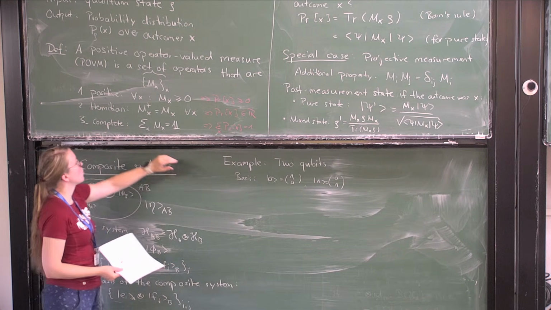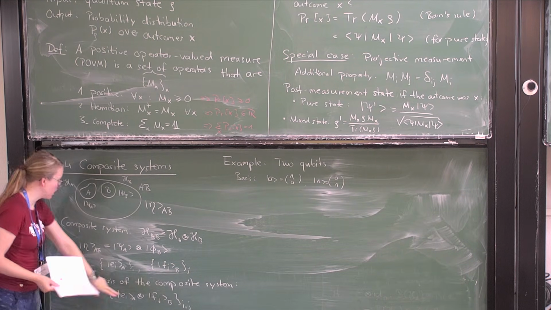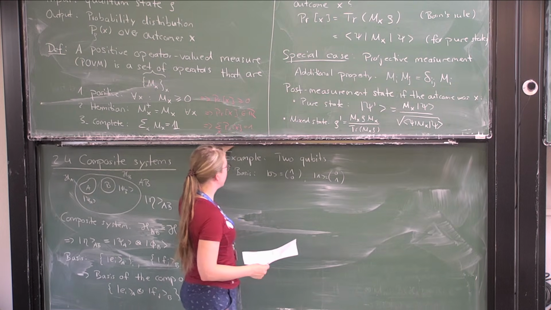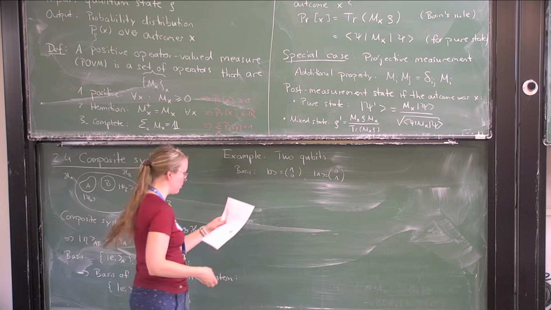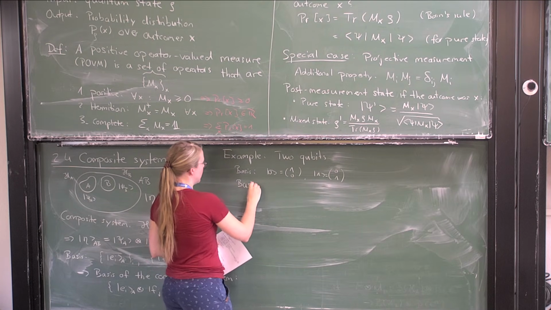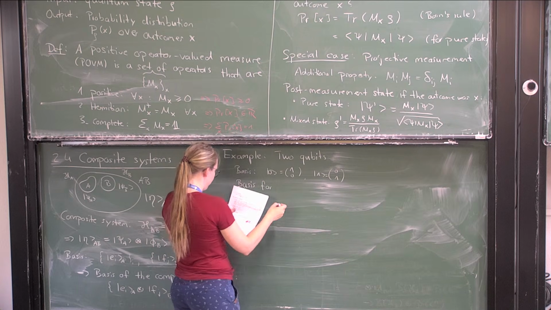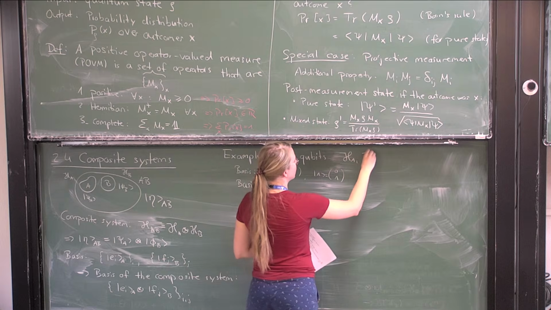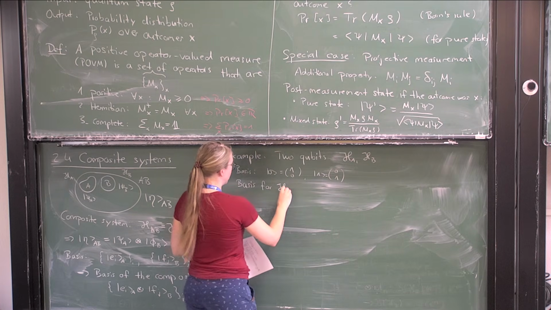Construct the basis of the joint system by simply taking the tensor product of this. And now if you haven't seen a tensor product in a while, I will just remind you how you calculate that. So the basis for, let's call them HA, HB.